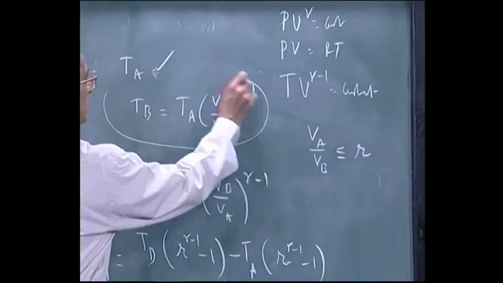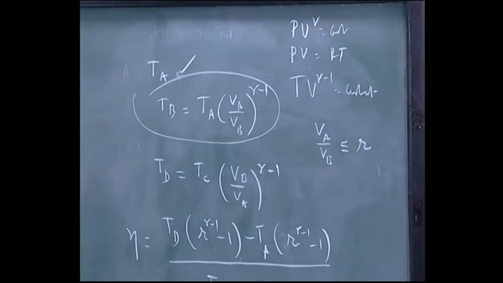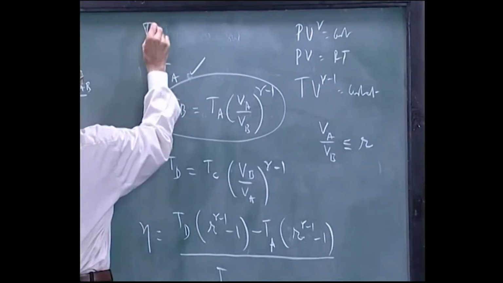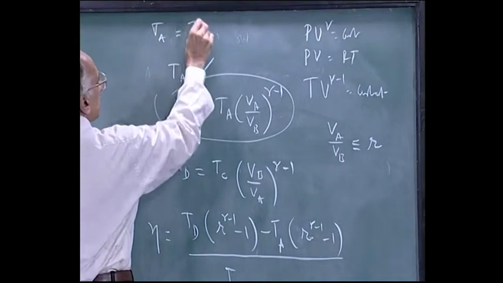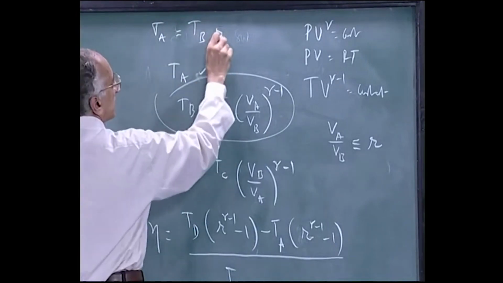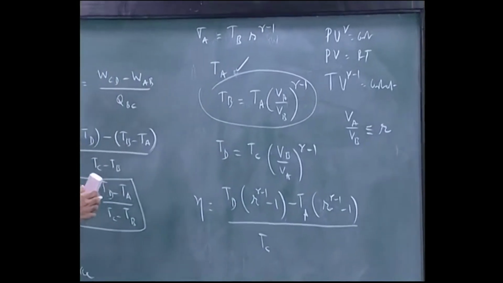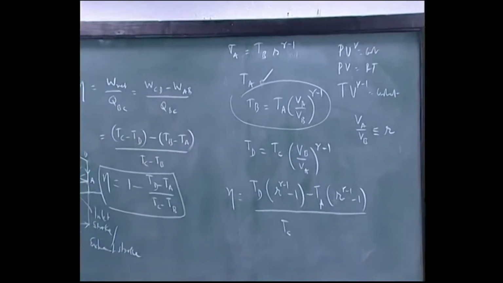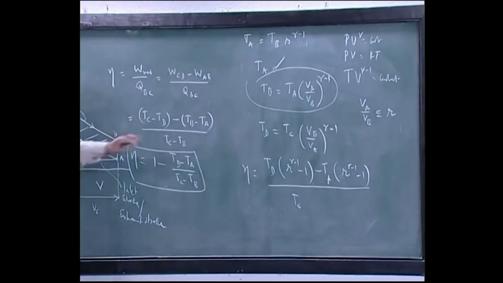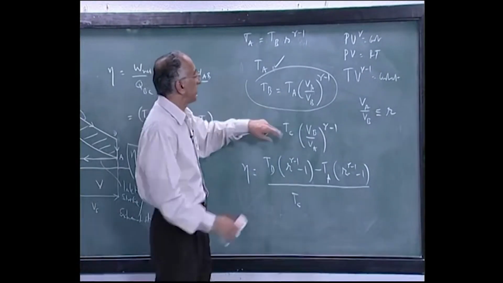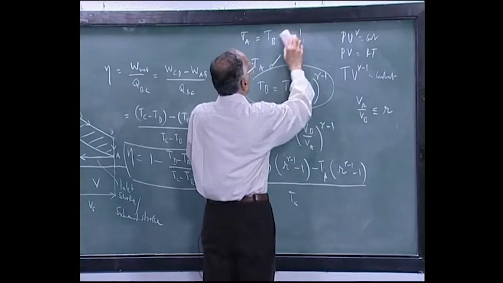But you take this VA and VB to the other side, and then you write TA. You want TA, so I have written that TA is TB into R to the power gamma minus 1. Actually it will be VB by VA, so that's R raised to minus 1. TA is TB into VB by VA, so 1 by R to the power gamma minus 1, right?